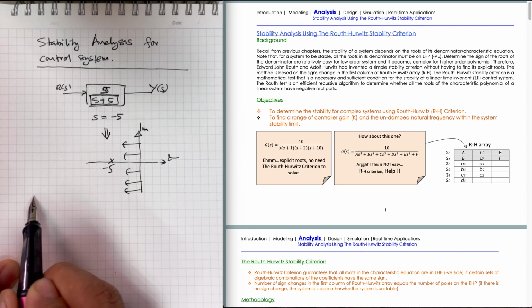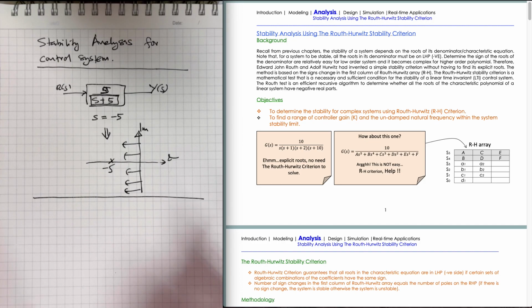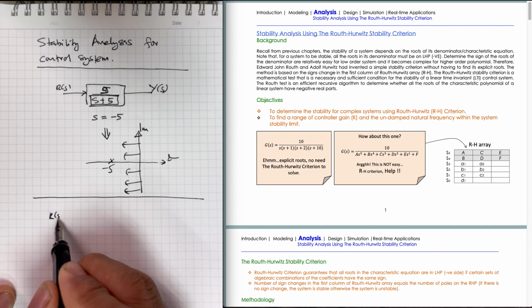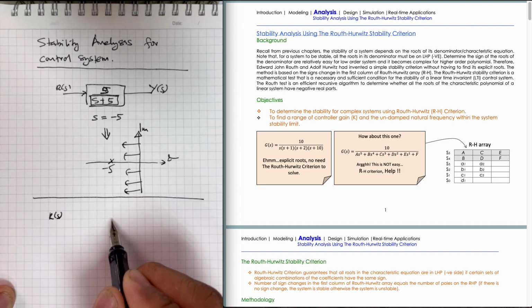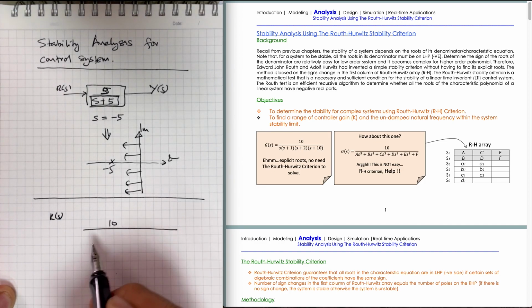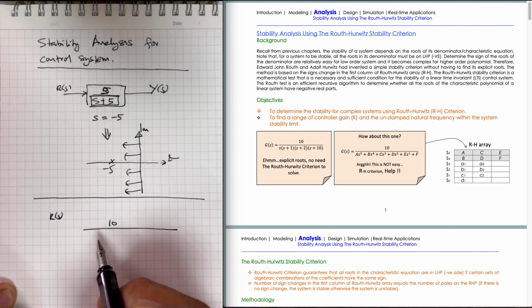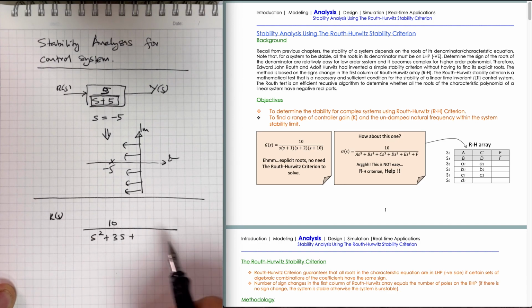The problem is that sometimes we are not able to determine the roots of the denominator, especially for complex systems. Let's say we have a polynomial system, s squared plus 3s plus 2.